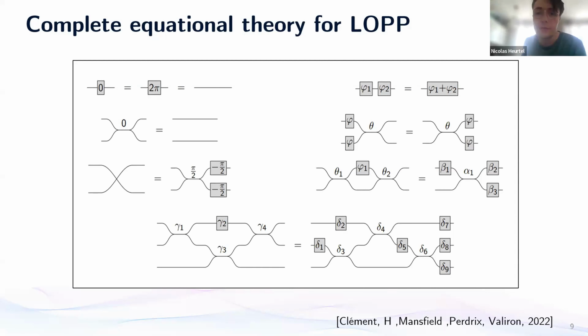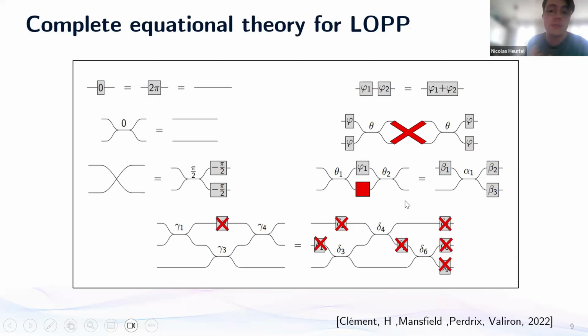In the work I did, which is on arXiv, I simplified the equations a bit. I removed some of the phase equations, since I proved that they were not necessary: we could derive them from the others. I added one more phase. The reason is that before, there were three phases on the left and four on the right, so it was not easily reversible.